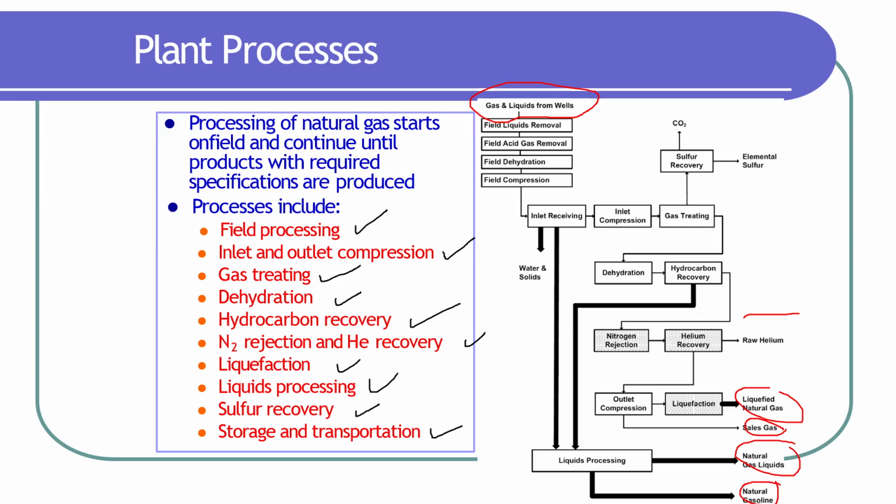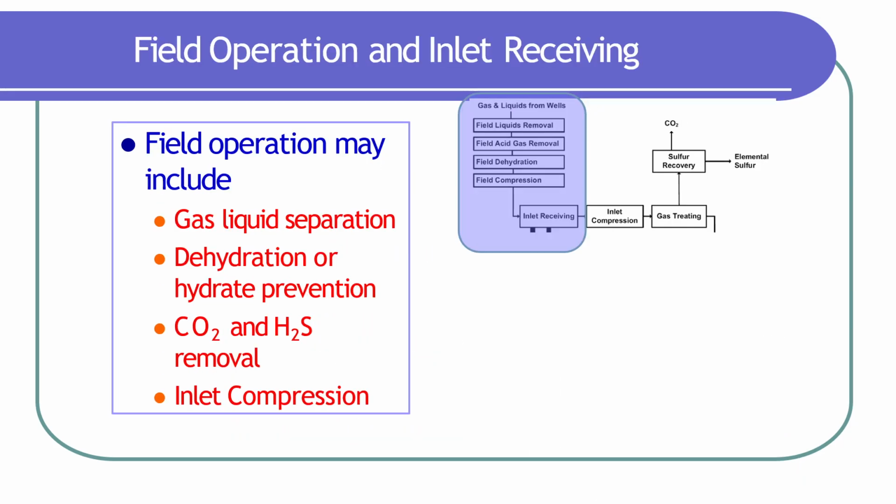And now we're going to talk about each of these processes, or each of these units, and we're going to show you exactly where it is located in the natural gas processing flow chart. So the first unit we will talk about is what we call the field operation and inlet receiving.